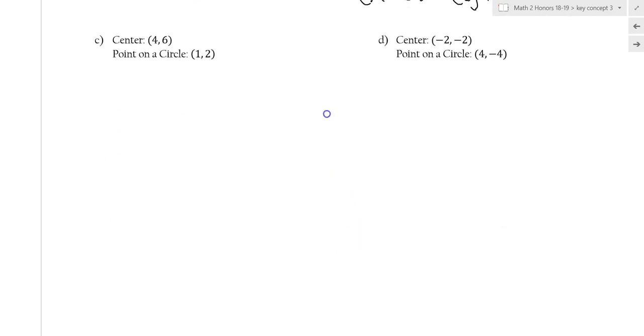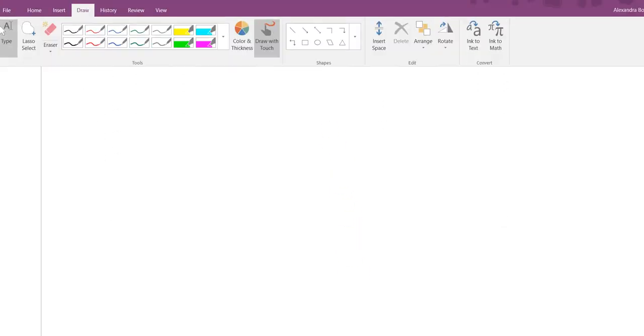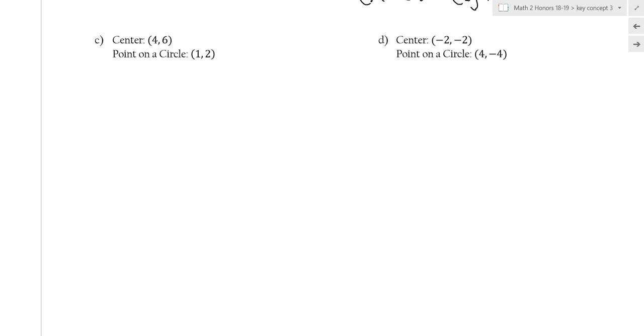Okay. C and D are a little trickier. We know our center, but we don't know our radius. So what I'm actually going to do is sketch a quick graph of this. My center is 4, 6. And then they're saying a point on my circle is 1, 2.